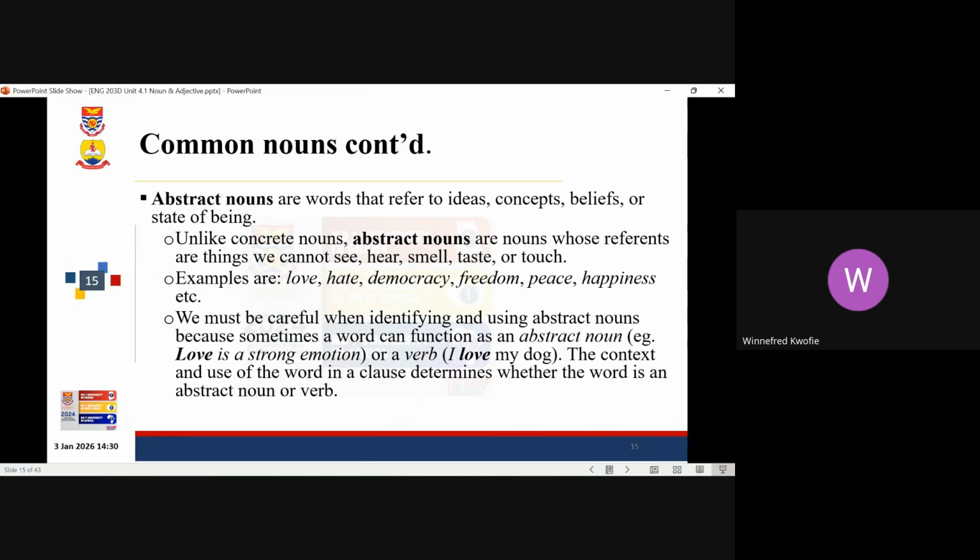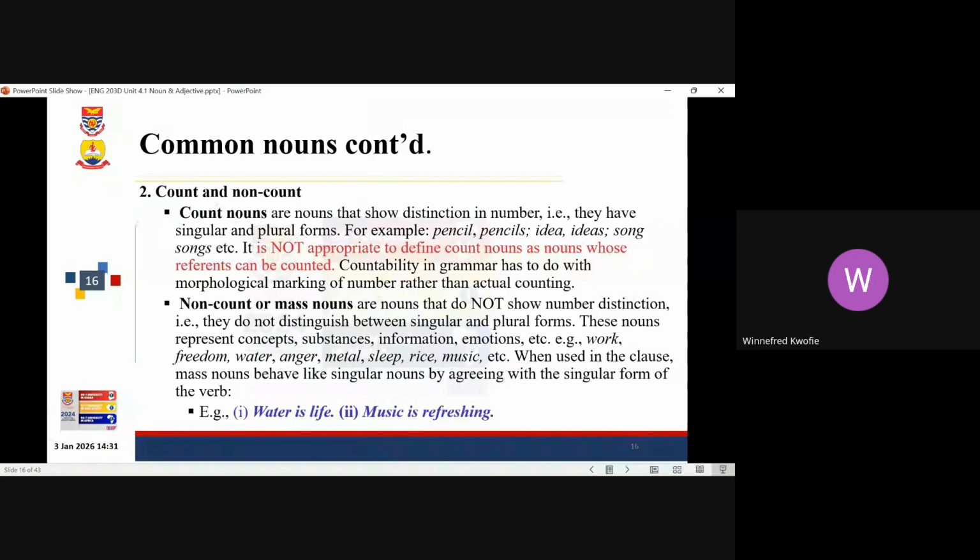Then we can identify another class of common nouns, that is count and uncount words, or non-count words. The count words are the nouns that can be counted, and the uncount ones are the ones that cannot be counted. So tables, chairs, pencils, books, we can count them.